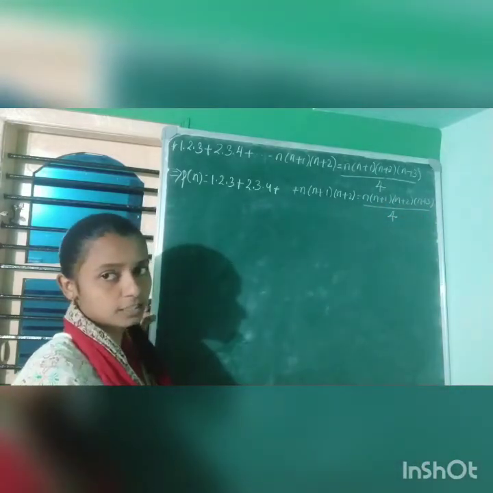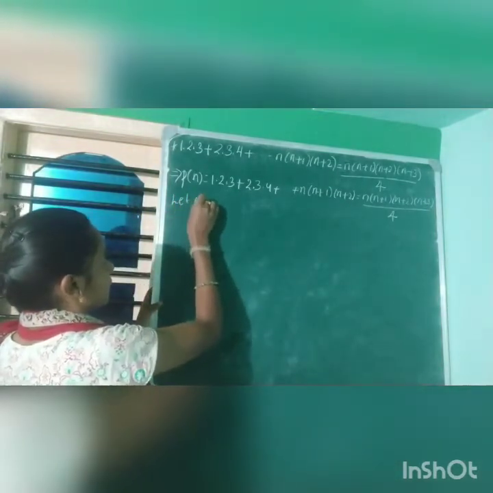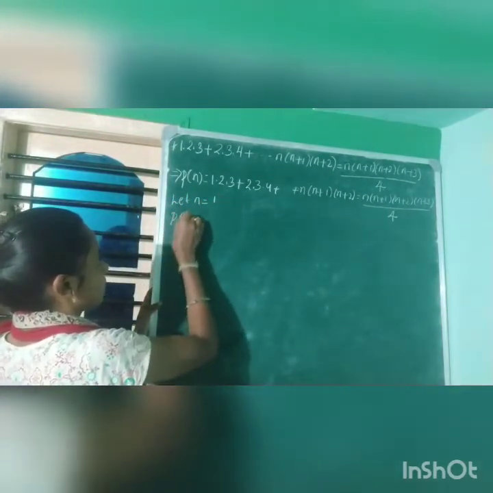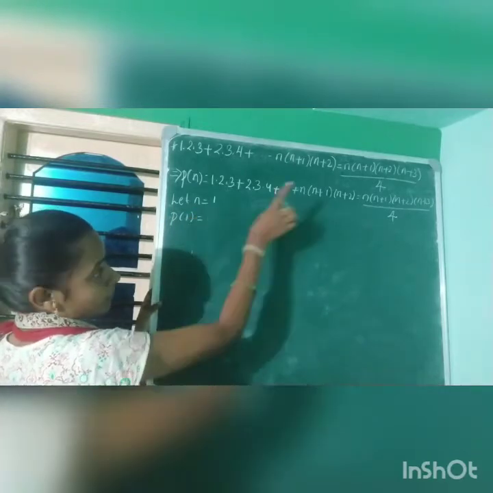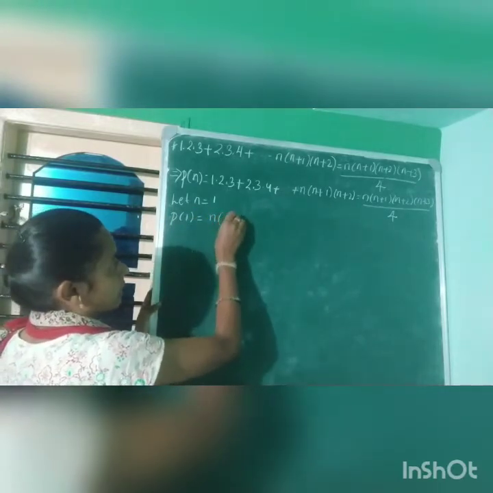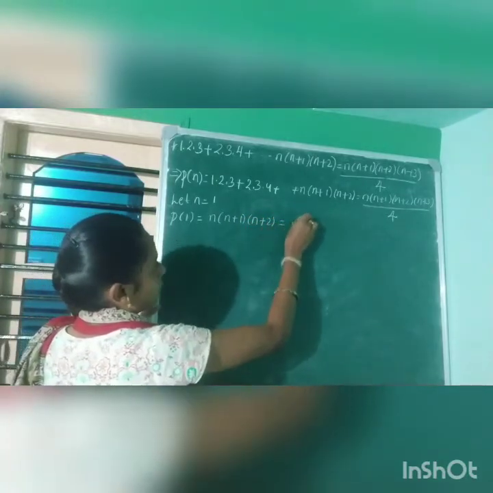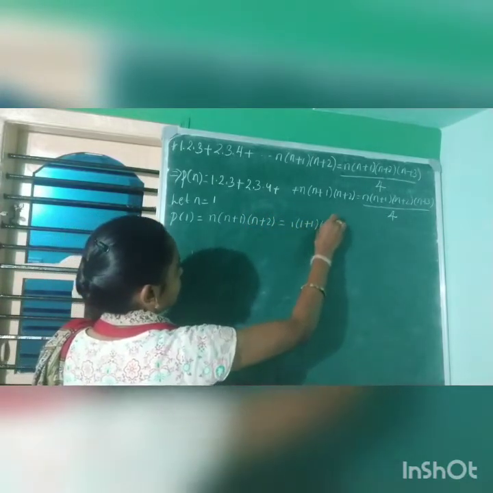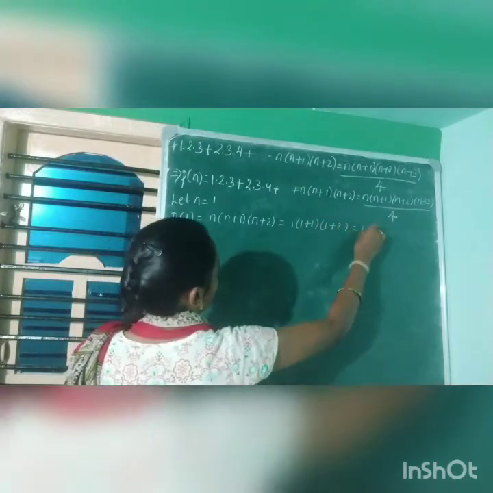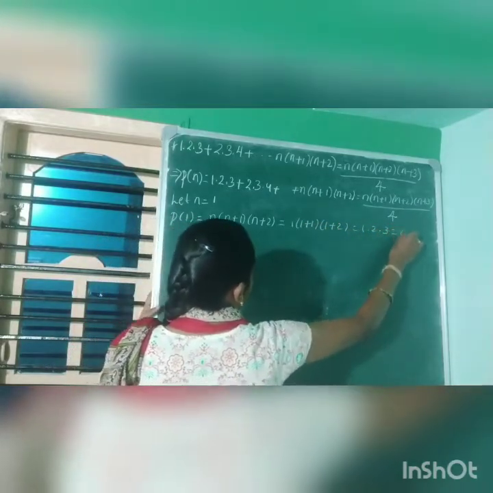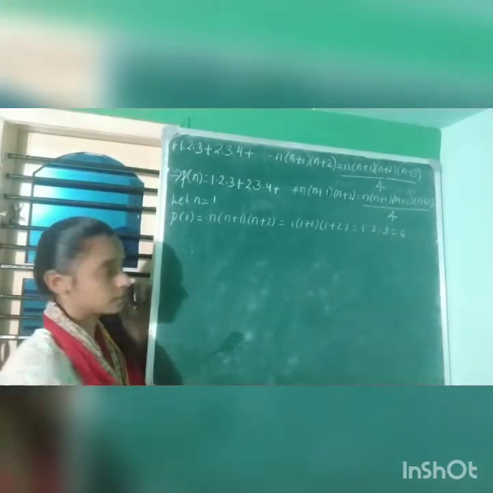What you will do next, you replace n by 1. Let n is equal to 1. P of 1, the LHS here is n into n plus 1 into n plus 2, that is 1 into 1 plus 1, 1 plus 2, which is 1 into 2 into 3, that is 6. That is the LHS.